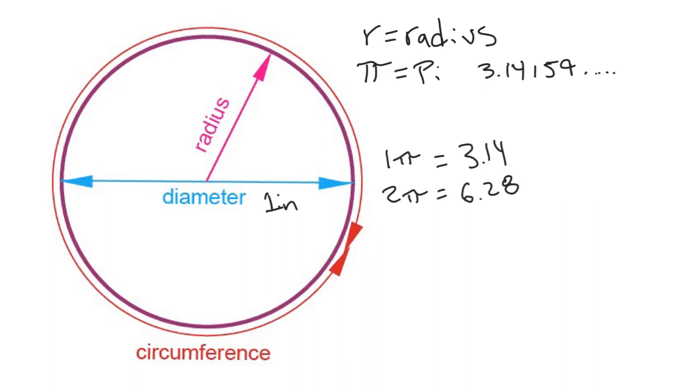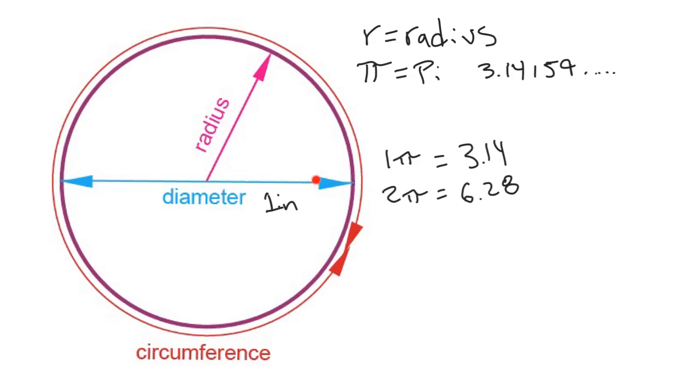Now, the radius, we said, is from the center to the outside. The circumference is the outside perimeter, from here to here, so the radius is half of the diameter. You multiply the diameter by pi in order to get the circumference.